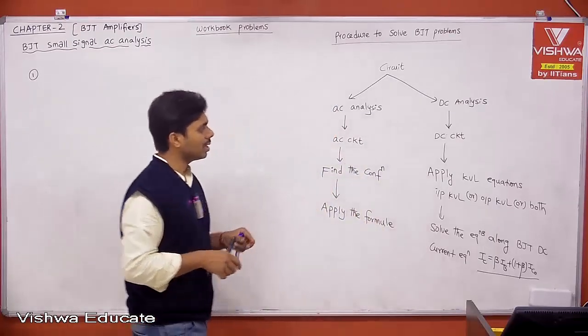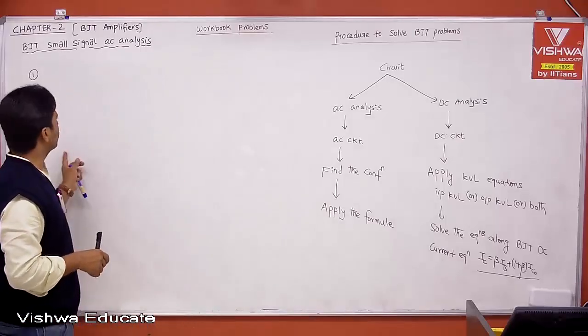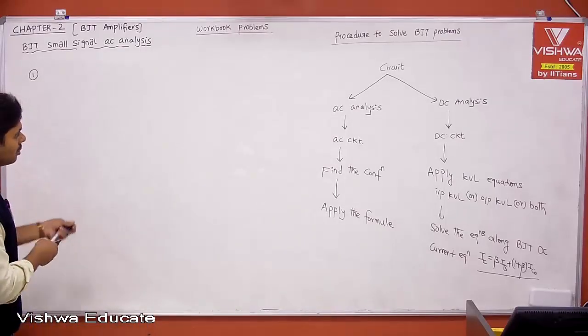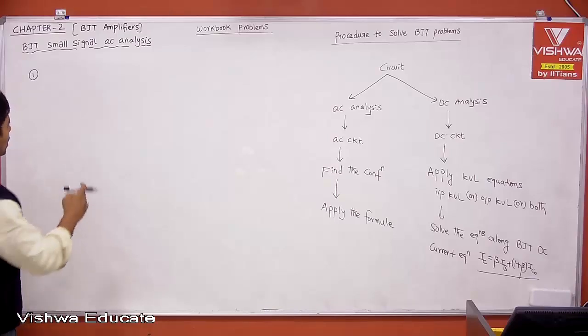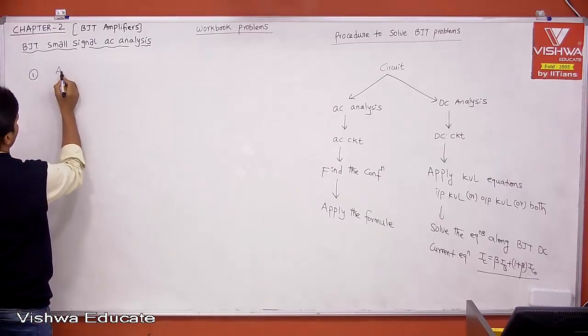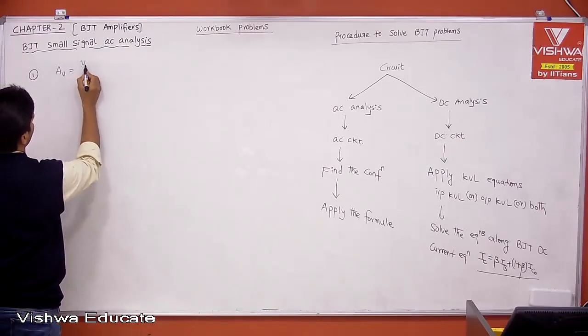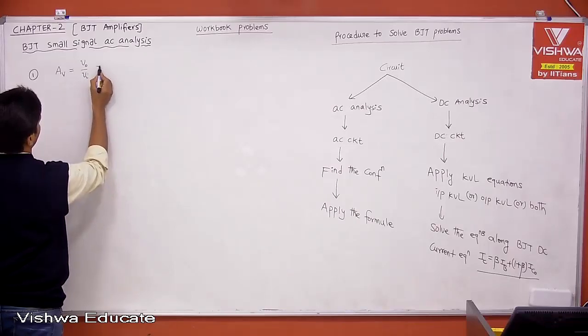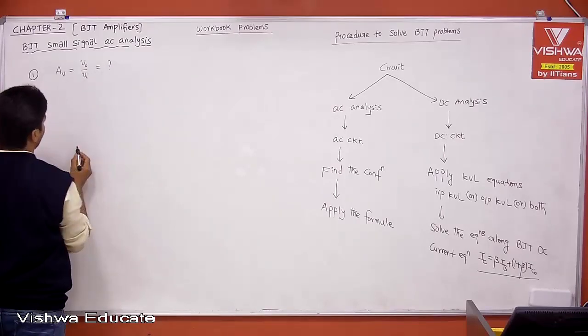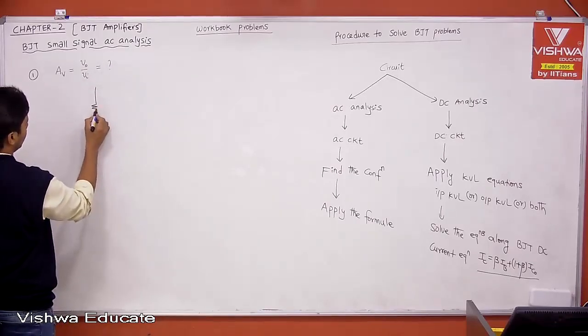Take this procedure, let us apply this procedure to solve the problem. In the meanwhile let me write the problem statement. We need to find the voltage gain AV is equal to V0 by Vi for the following circuit. The circuit is given.